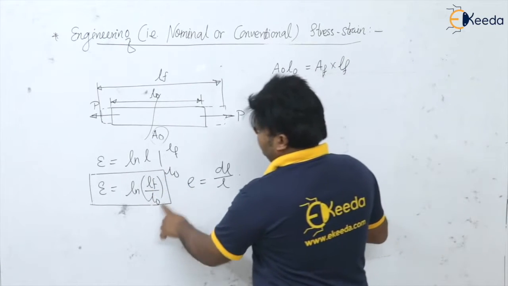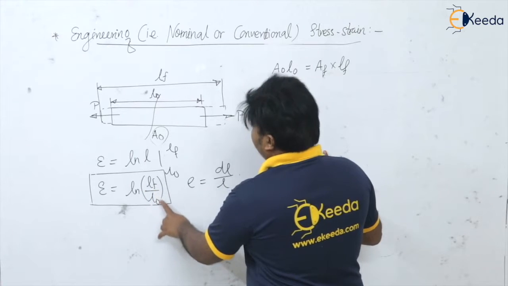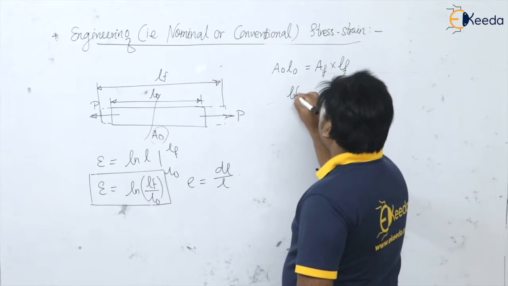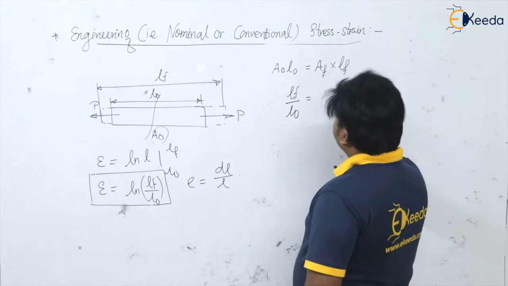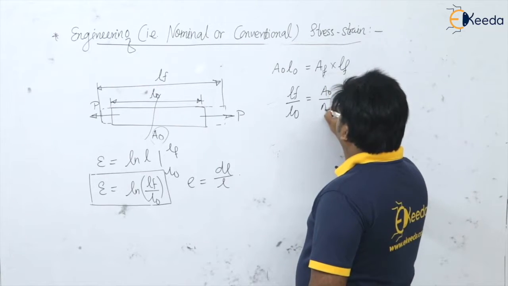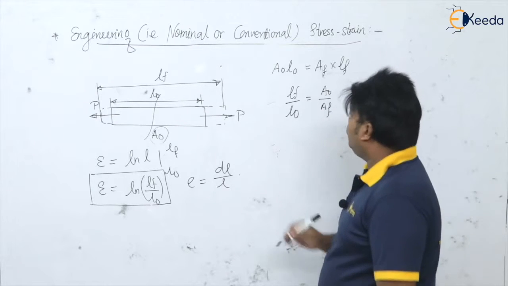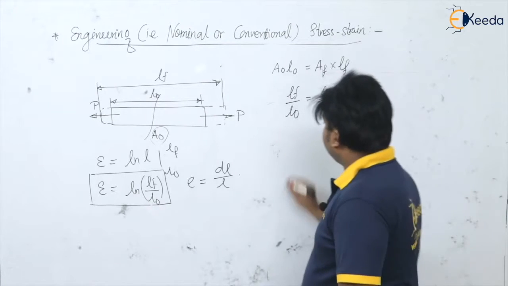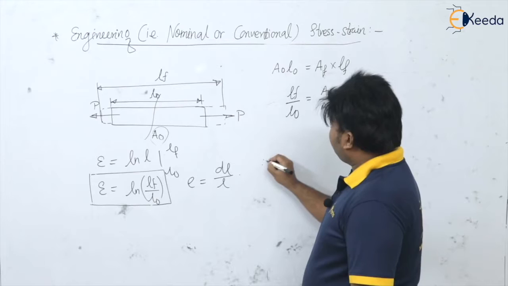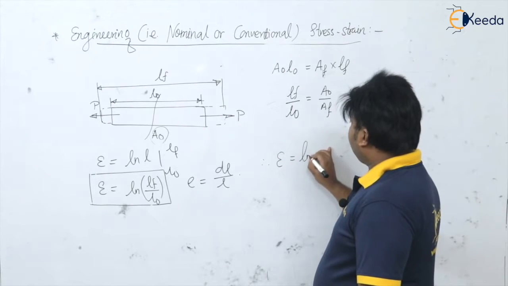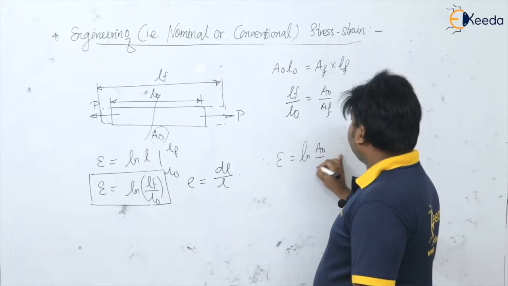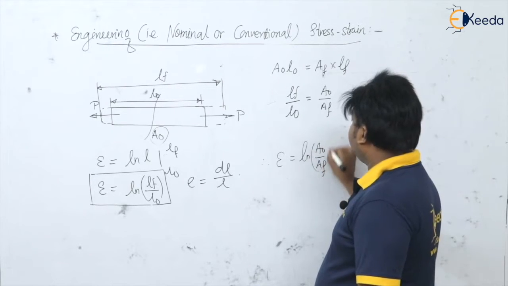So here, L final divided by L naught, I can write as A original divided by A final. Very important. If I put this value here, then I can write the true strain like this also. True strain is equal to ln of A original divided by A final.